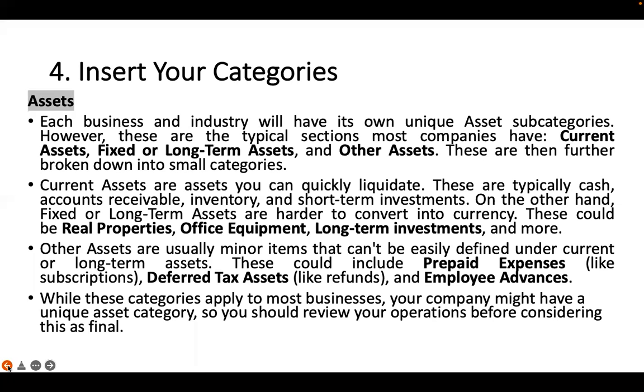Deferred tax assets are like, while filing the returns, tax has been levied more, so we will get certain refunds from the tax which we had paid. And employee advances, when employees take certain advances out of our money, so it is our current asset, but we cannot claim whether it is a current asset or current liability. So we will go with other assets only.